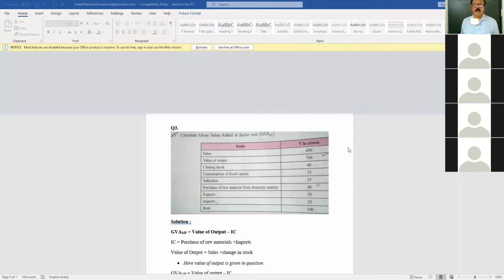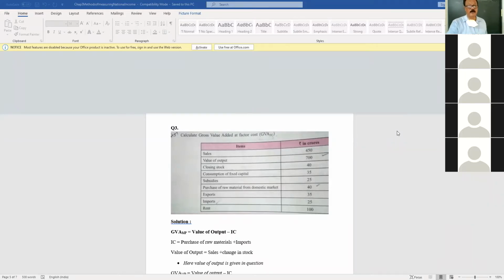I told you in the previous class, when purchase of raw materials from domestic market is given, we have to include imports. Otherwise, imports is a part of intermediate consumption and we don't have to include imports in IC.